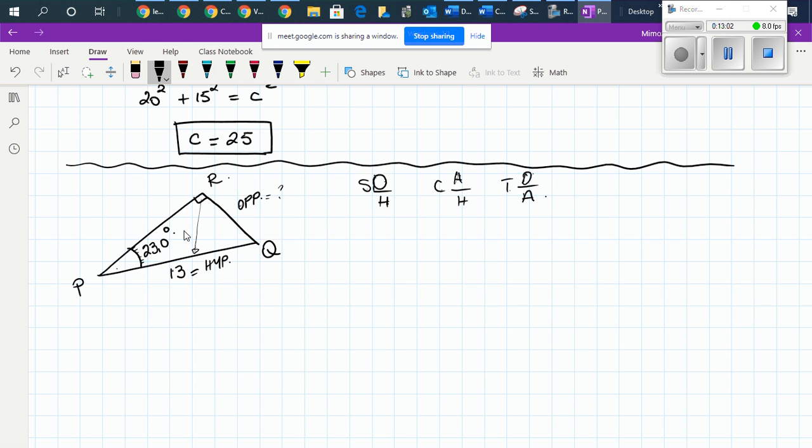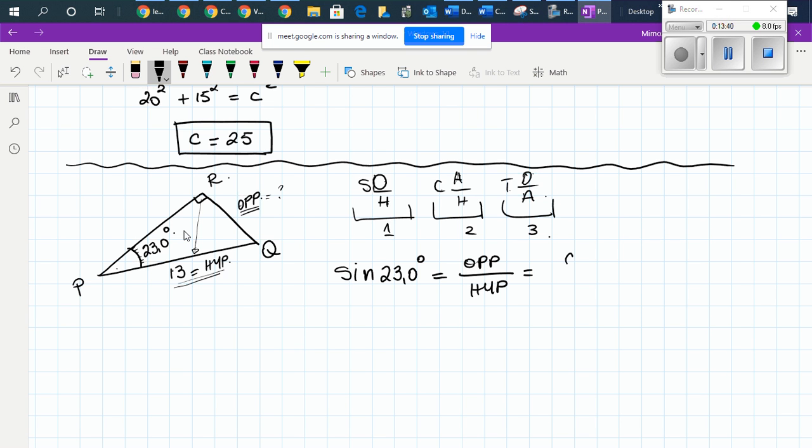Now in this case, what we are looking for is the opposite, and what is given is the hypotenuse. So which trig ratio are we using, 1, 2, or 3, based on the information that we have? Opposite and hypotenuse, the relation is sine. So that means sine 23 degrees is equal to the opposite, which we don't know, over the hypotenuse, which is given.